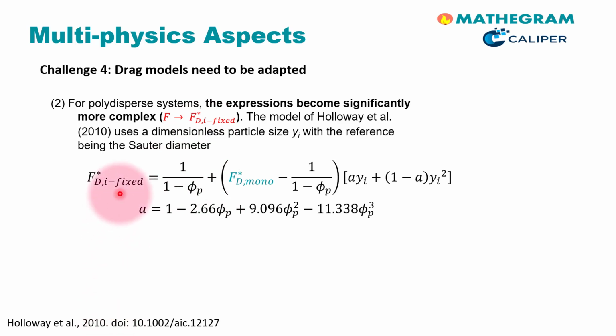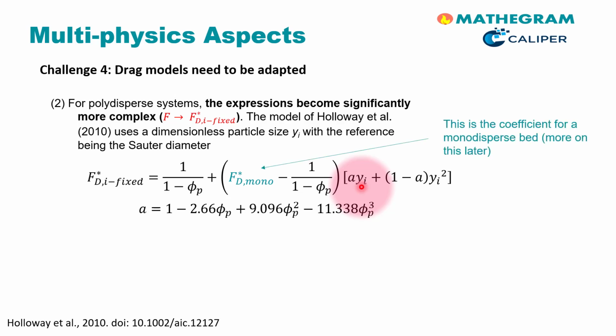As you can see, it involves a term that depends on the parameter a, which again depends on the particle volume fraction, and a dimensionless particle size yi. The latter is the particle size normalized with the local Sauter mean diameter. Also, the calculation of the drag coefficient shown here requires data for the monodispersed F value, for which we will provide data in an upcoming unit.